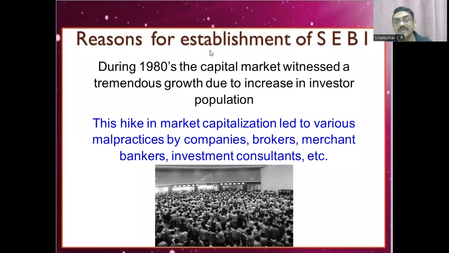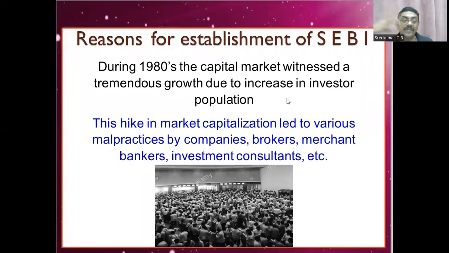That was actually because during the 1980s, the capital market or the stock exchange witnessed tremendous growth. People were actually ready to give their money to companies, for buying shares, for selling shares, for buying debentures, for selling debentures. They were totally interested in this kind of investment pattern.